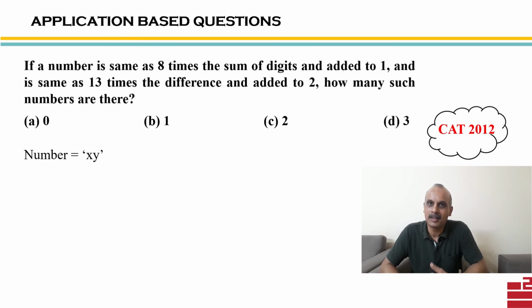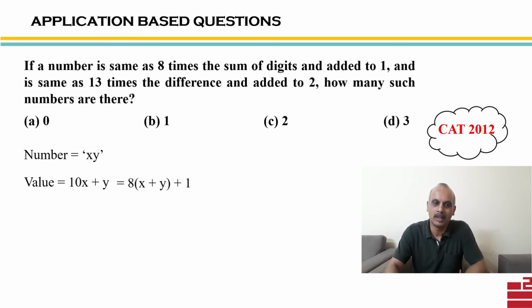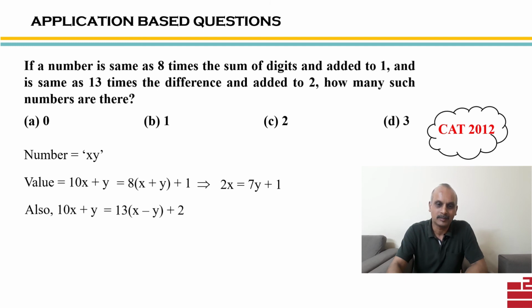So that means first we'll say the value of the number is 10x plus y, which is equal to 8 times x plus y plus 1, because the question says 8 times sum of digits and add it to 1. Similarly, from the second line we say that the number is 13 times the difference of digits and add it to 2. So our next equation will be like this, and which upon simplification I get these.